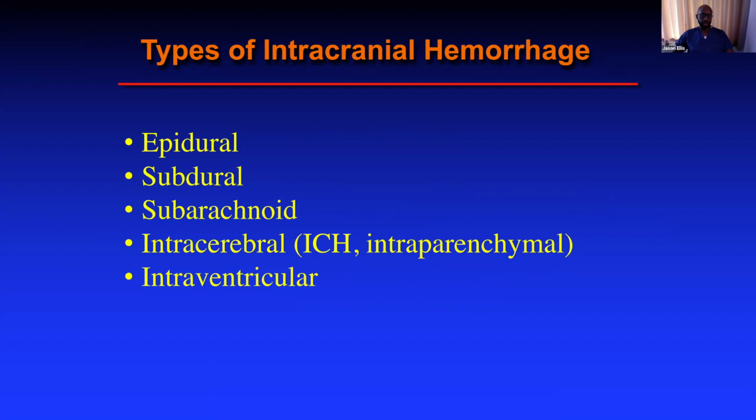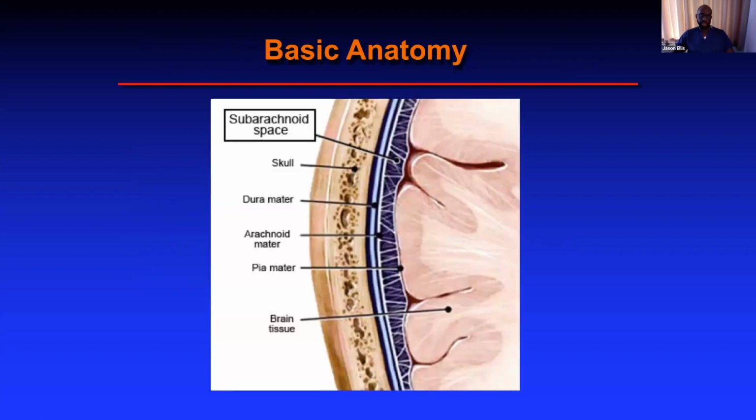But we can categorize it even further based on the compartment within the skull or brain that the bleeding has occurred. So here are the bulleted areas that you can have bleeding. You can have epidural bleeding. We'll go through that in further detail. Subdural bleeding, subarachnoid hemorrhage, intracerebral hemorrhage, and intraventricular hemorrhage. And let's just get into some basic anatomy so that we understand what those terms mean.